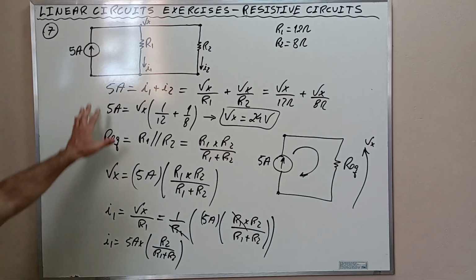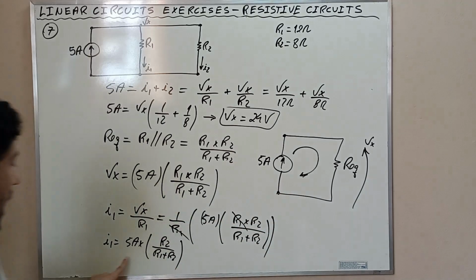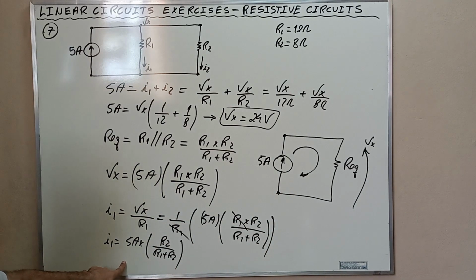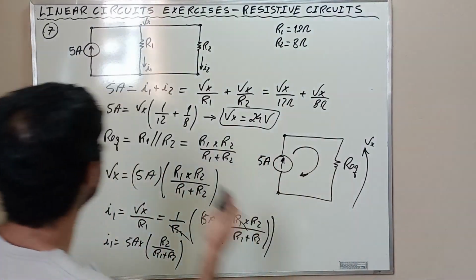I followed these steps just to demonstrate to you how we come up with the expression of the current divider. Now that we know this, we can simply use it. Let's use the current divider then.